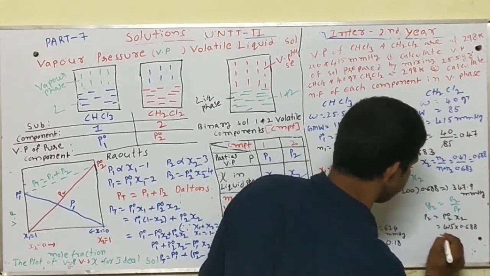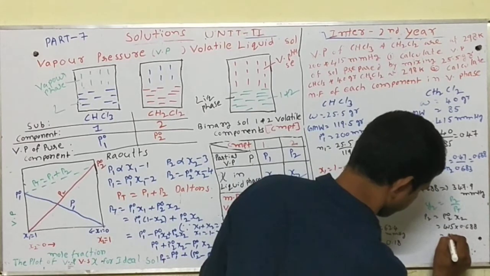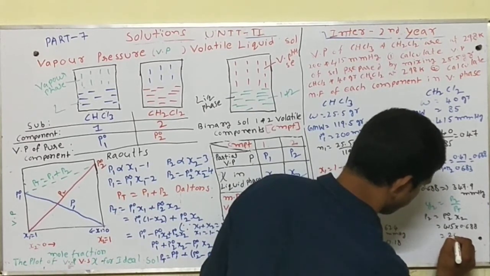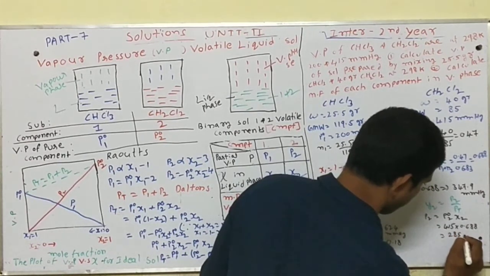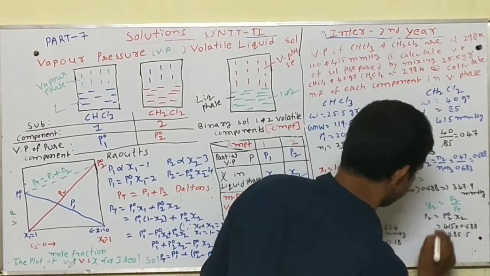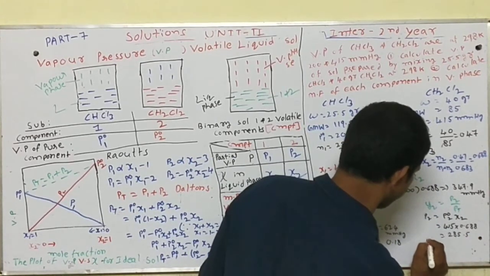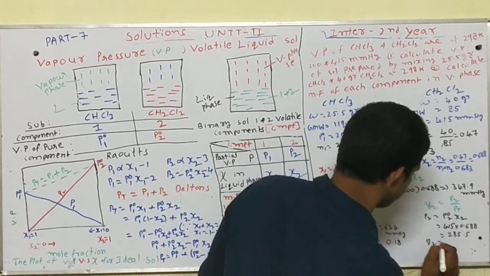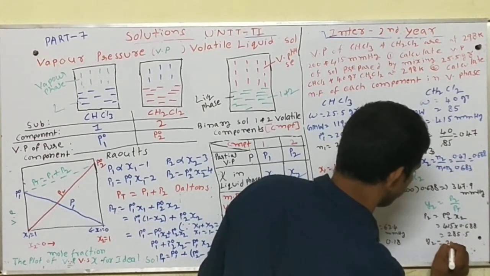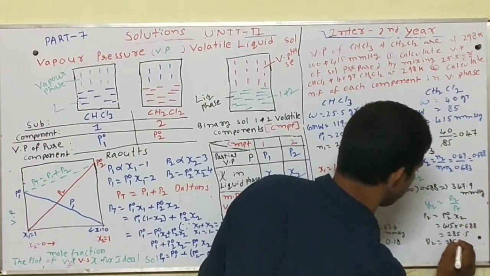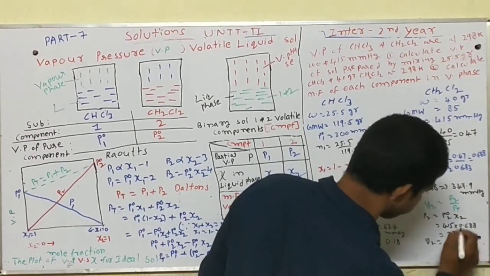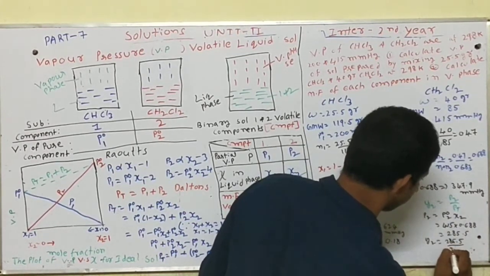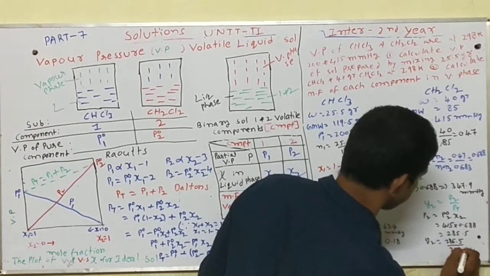Upon simplification we get around 285.5 mmHg. On substitution, y2 is equal to 285.5 by 347.9, we get 0.82.